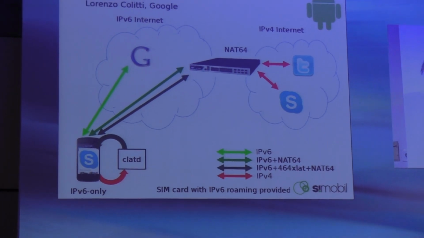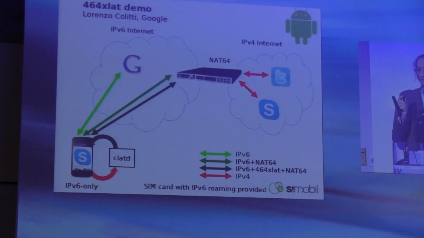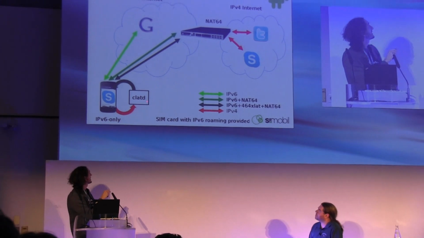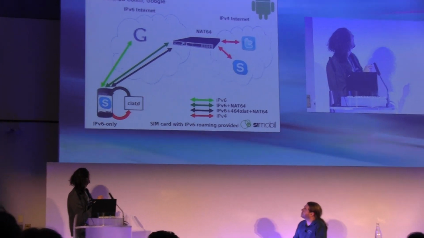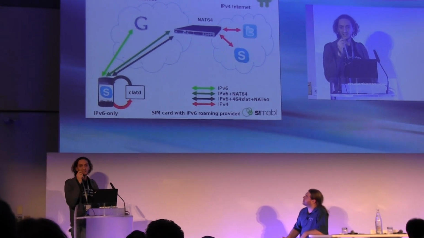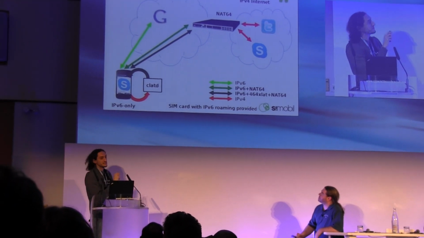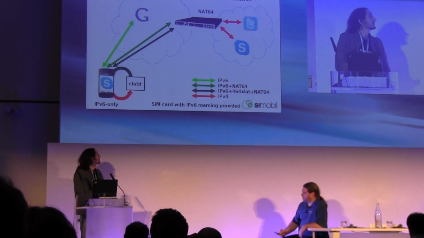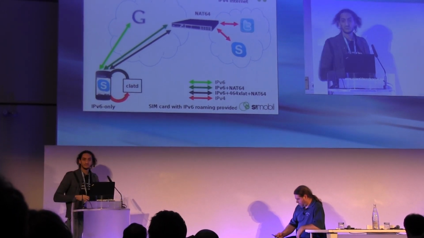Basically, what the handset does is it thinks it has this IPv4 address, but the packet actually loops back inside the handset to the CLAT daemon. The CLAT daemon translates that v4 to v6 locally, and then the handset just sends it out to the NAT64. The NAT64 undoes the transformation, and you can now use Skype.